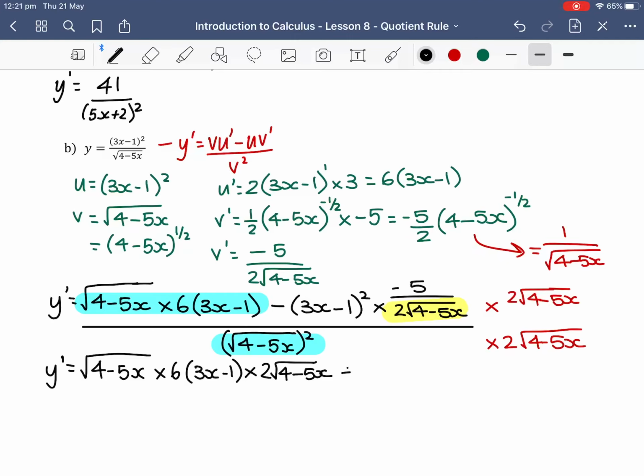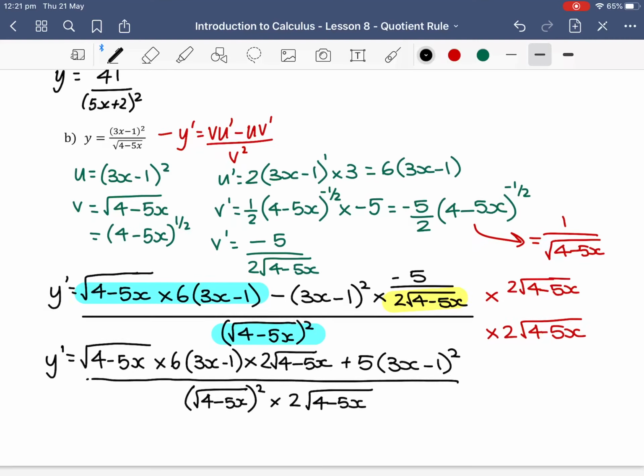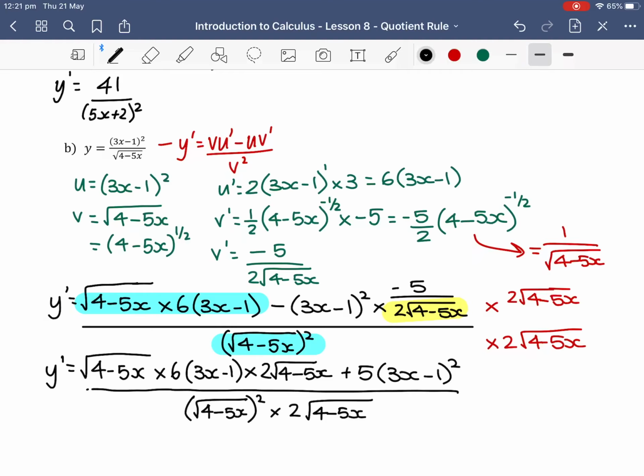So it's going to be minus 5, but that will turn into a plus. So it'll be plus 5 times 3x minus 1 all squared. And on the bottom, we have root 4 minus 5x all squared times 2 root 4 minus 5x.